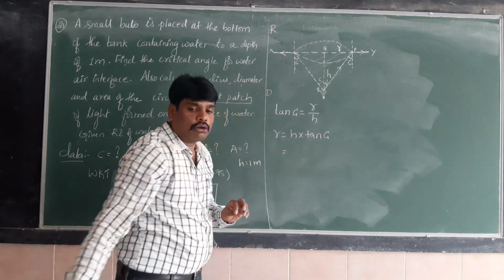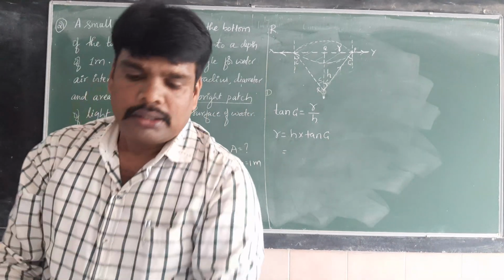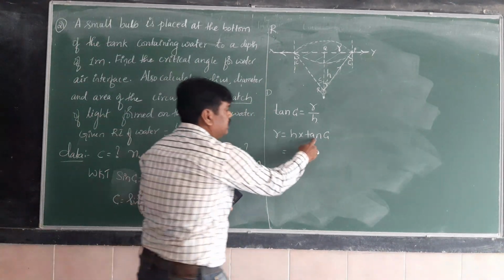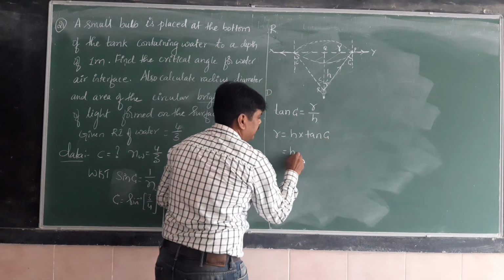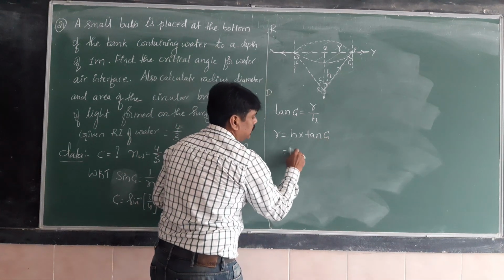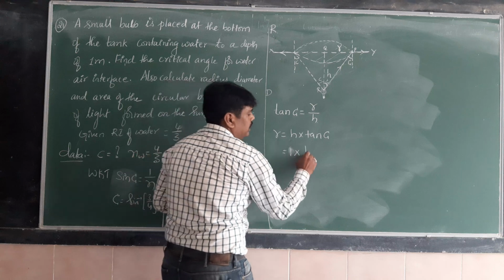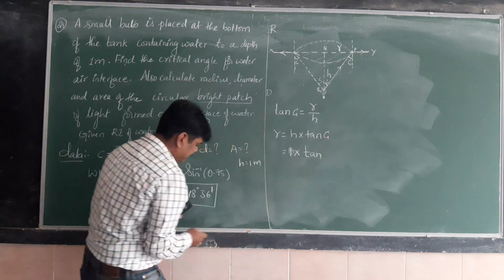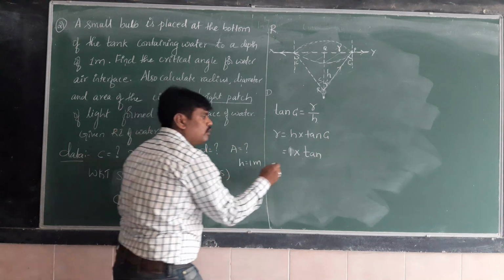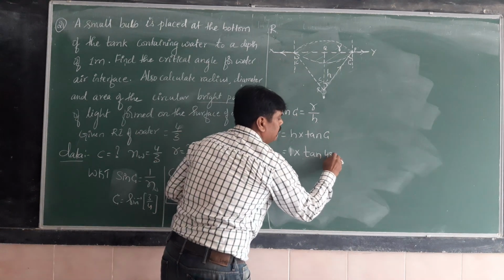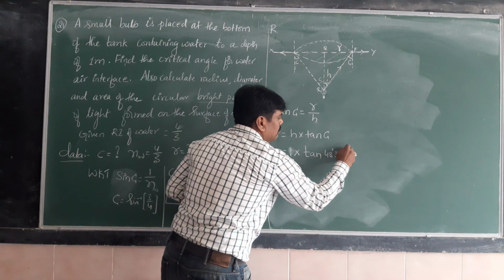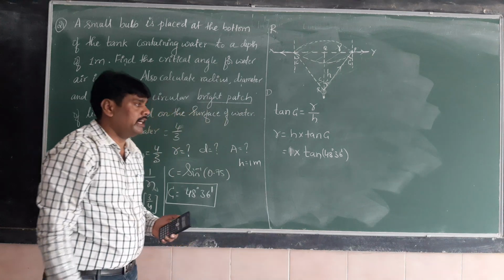So by using class table, you should find the natural tangent value of the 48 degree. h is 1 meter, we know that. h is 1 meter into tan C, which is 48 degree 36 minutes. You already calculated this is the critical angle for water and air interface.